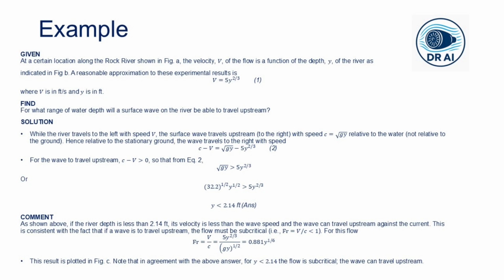But if the river depth is greater than 2.14 feet, the flow is slower, the Froude number is less than 1, and the flow is subcritical. A wave can travel upstream. So the answer to the problem is that a surface wave can travel upstream for any water depth greater than 2.14 feet. See how that works.